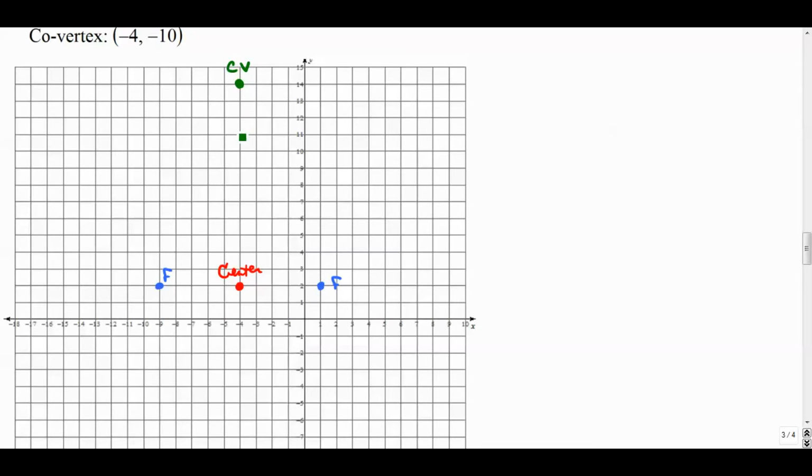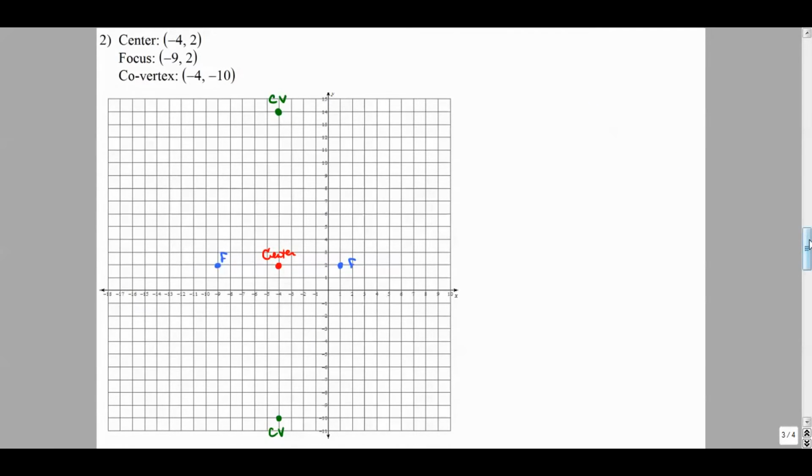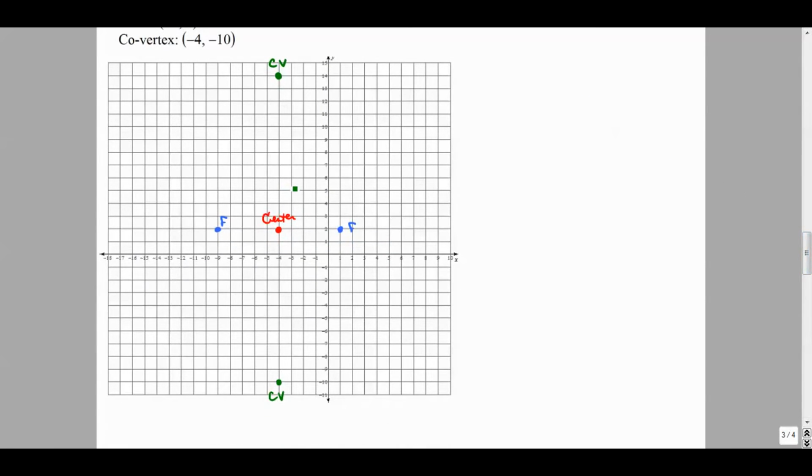So that tells me that my ellipse is actually going to be, believe it or not, stretched out horizontally, which is hard to believe because the length of the minor axis is 24 units. This is going to be quite a big graph.